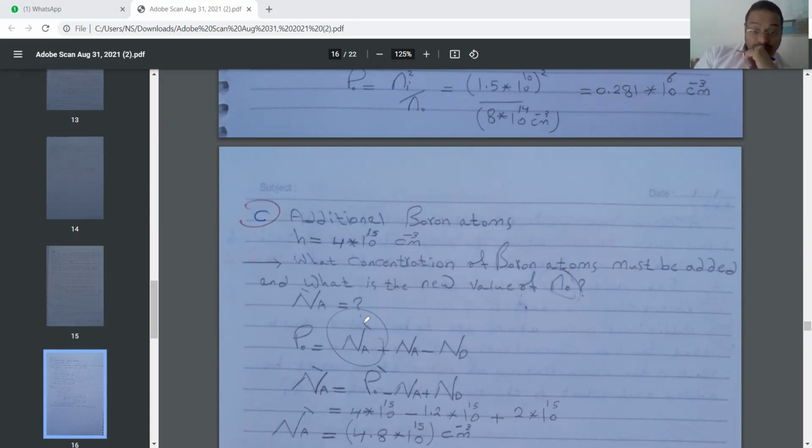The concentration of boron atoms, meaning the concentration of acceptors at the valence band, we find by using this equation: p naught dash equals Na dash, the new acceptor concentration at the valence band, plus Na minus Nd, the donor concentration at the conduction band.